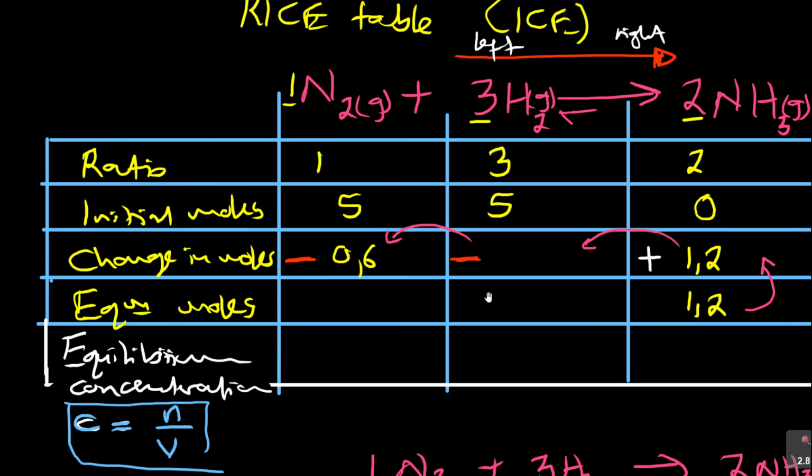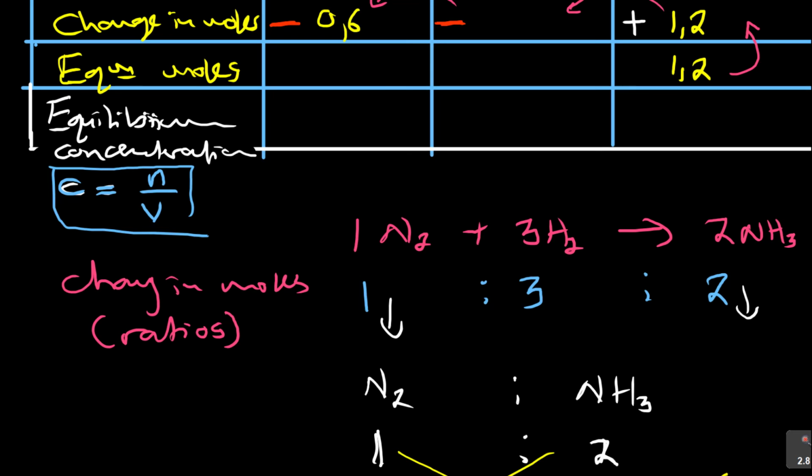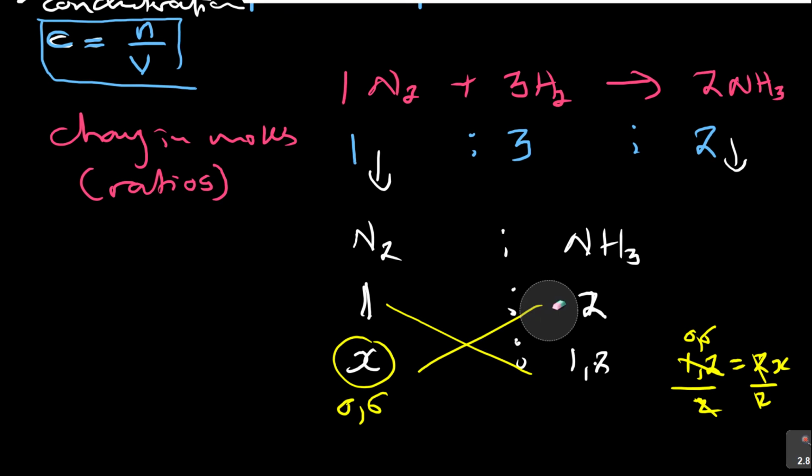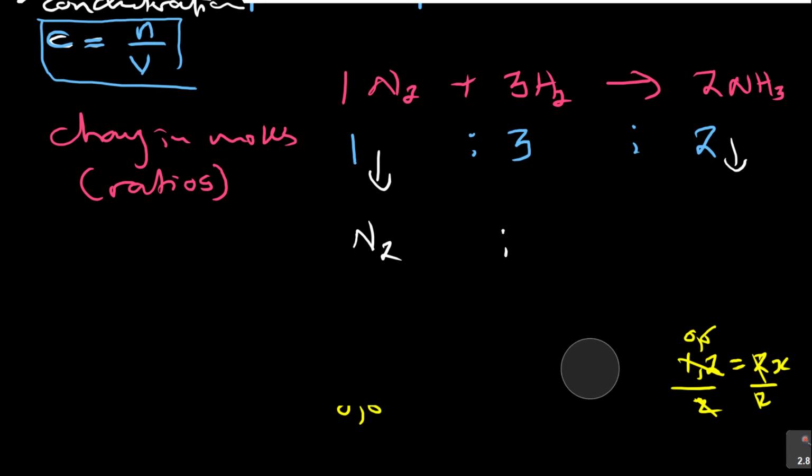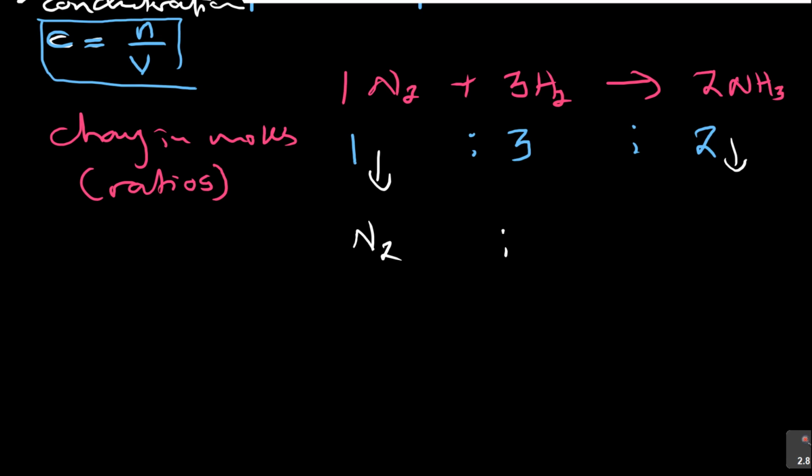Now, again, using ratios, you don't have to say 3 is to 2. You can use 1 is to 3, meaning I can erase here and say nitrogen is to hydrogen. What is it? 1 is to 3. So now I know nitrogen gave me 0.6. For every 1 mole, I get 3 times here.